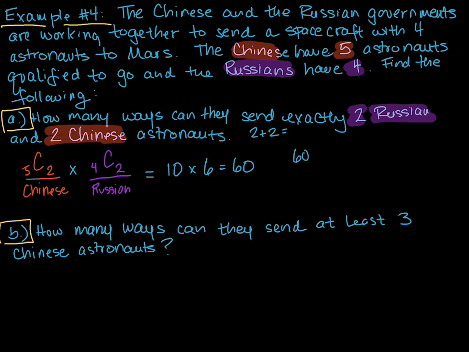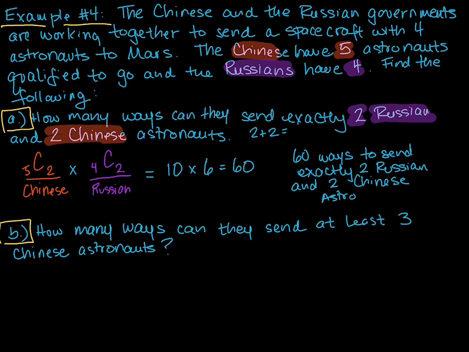So there's 60 ways to send exactly 2 Russian and 2 Chinese astronauts.